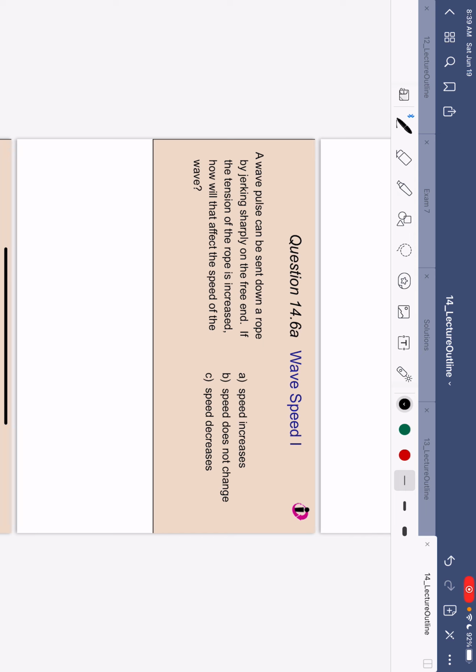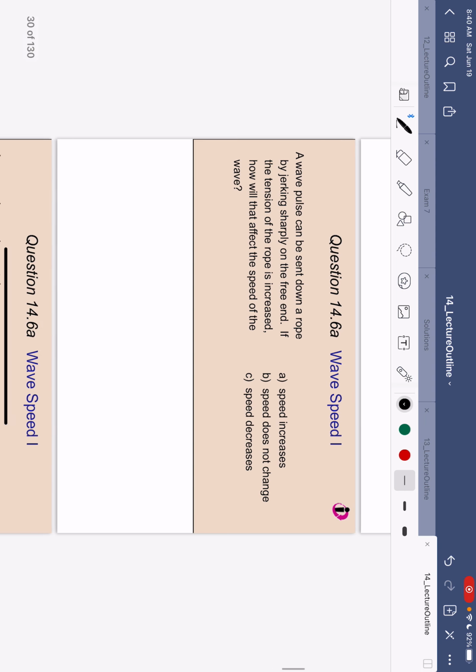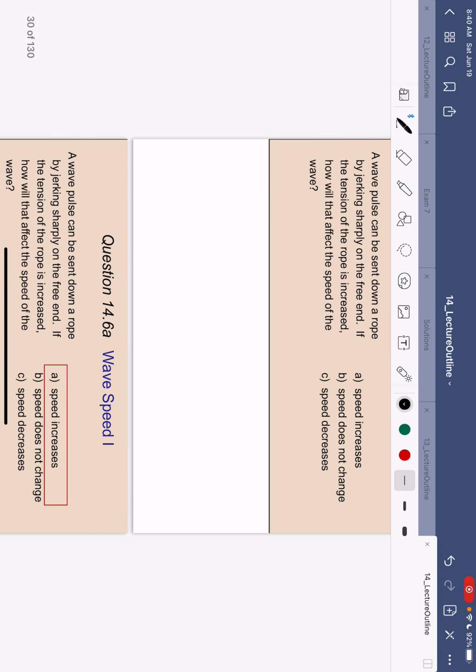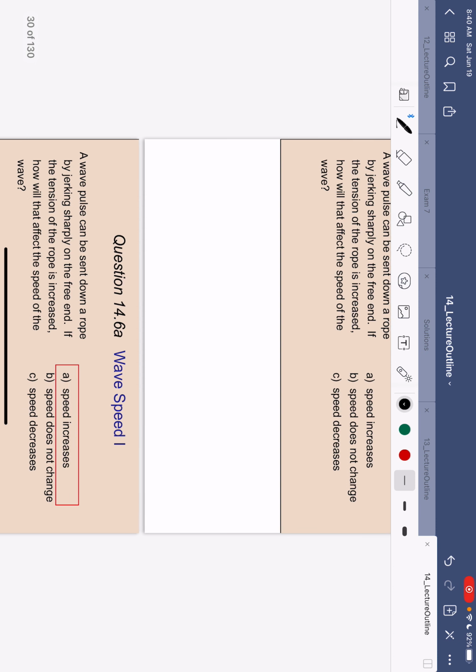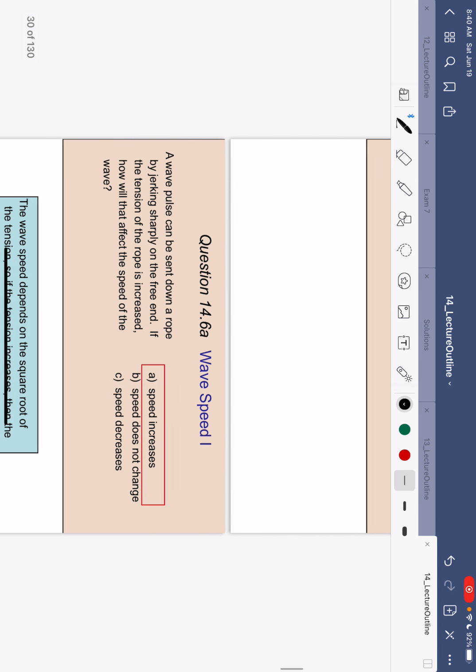Let's assume here that a wave pulse can be sent down a rope by jerking sharply on the free end. If the tension of the rope is increased, how will that affect the speed of the wave? Of course, here we will say since the tension is in the numerator, then the speed should increase.